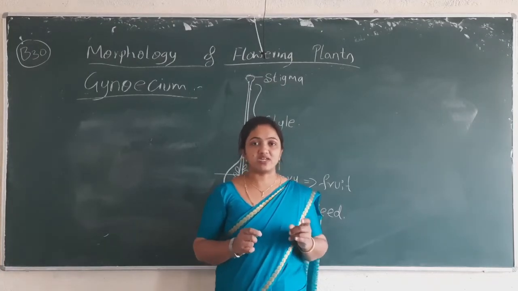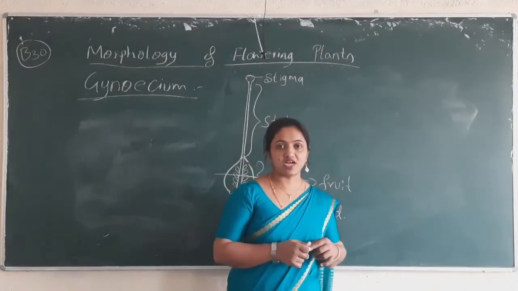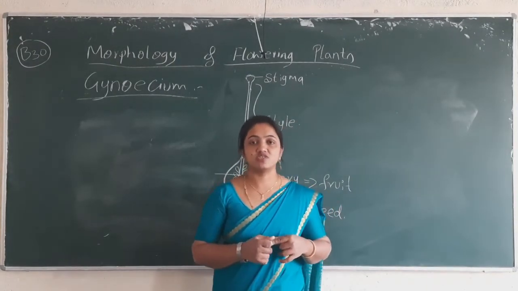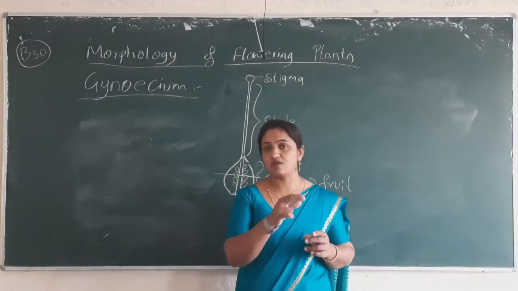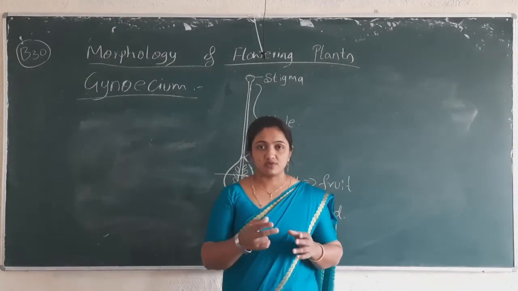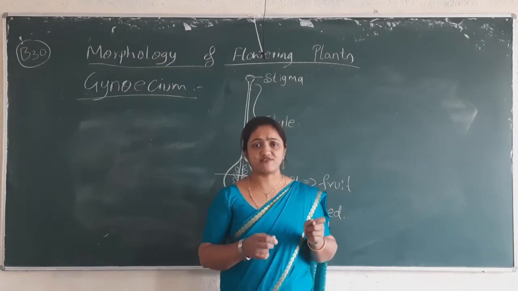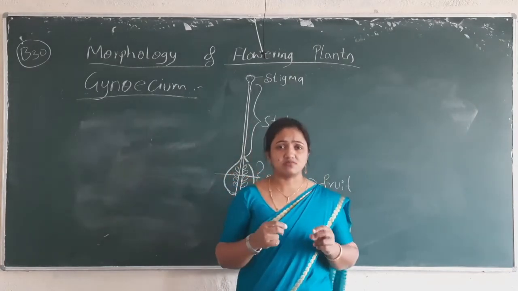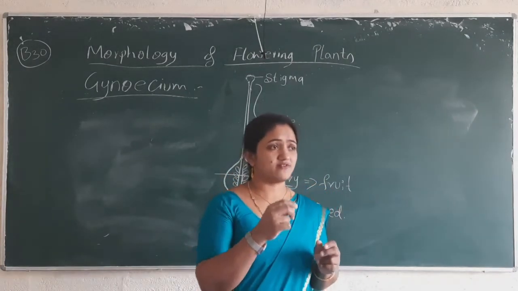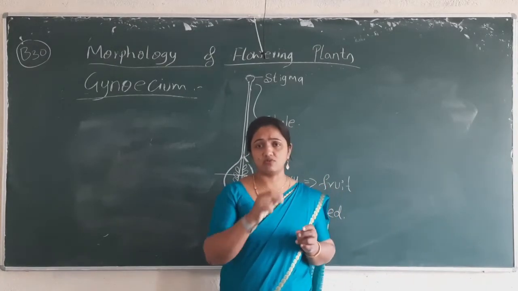You might have taken the hibiscus flower. The hibiscus flower is usually used for worship, right? When you touch the hibiscus flower, a powdery feeling will come, like some powdery dust present on the flower.